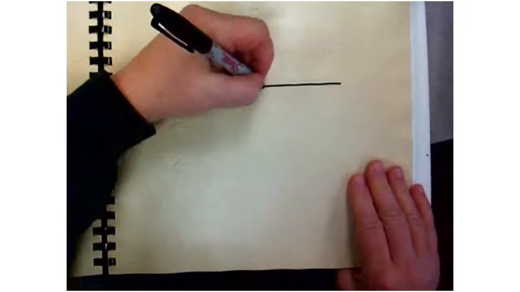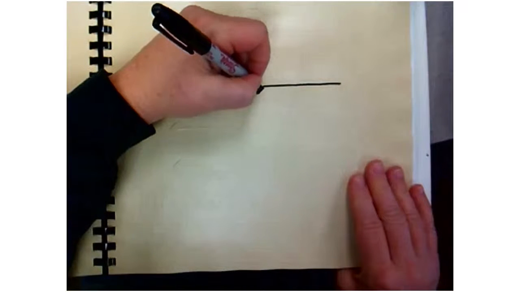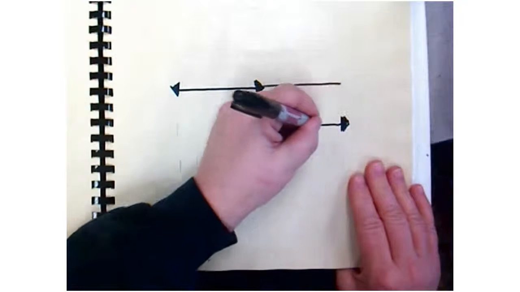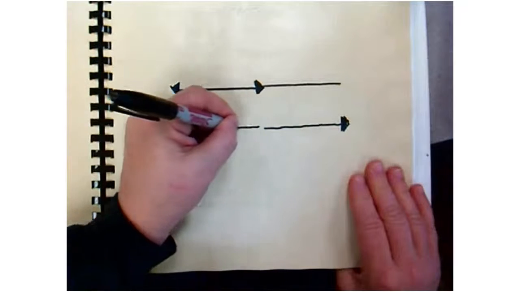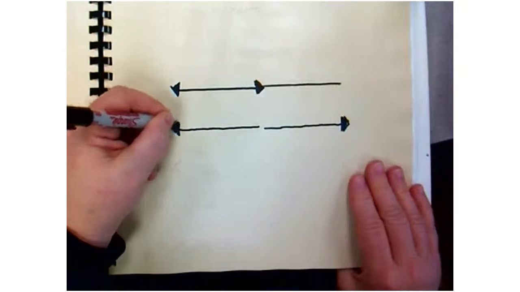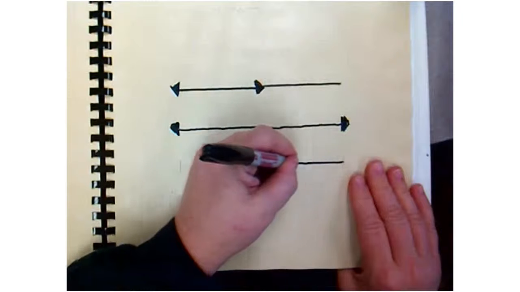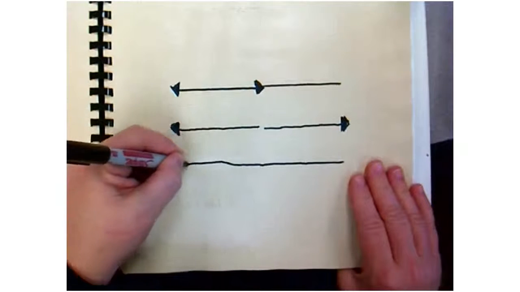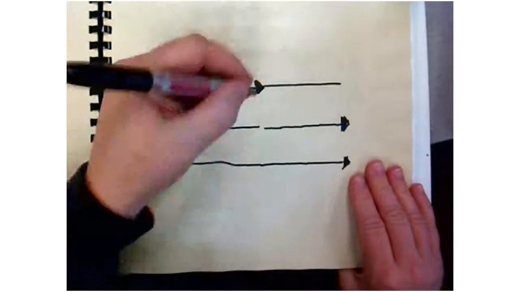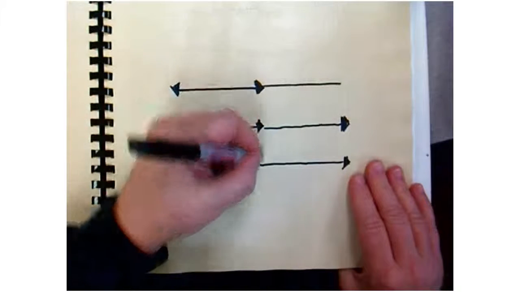We have one on the top, running east to west. One in the middle, running east to west. And one on the bottom. And there's 2 transversals, one on the left and the right. Can't draw very straight lines today. All right, my parallel indicators.